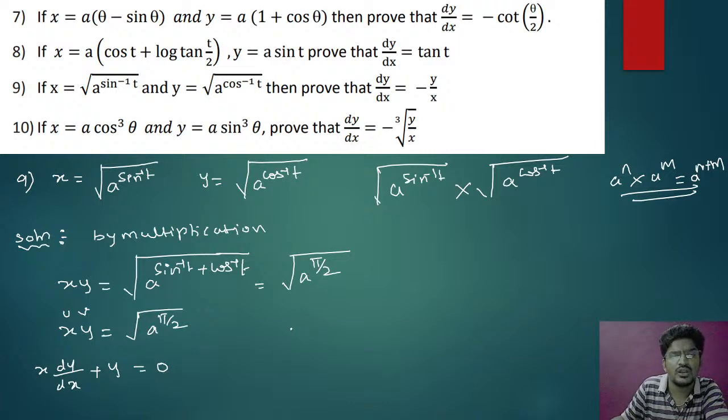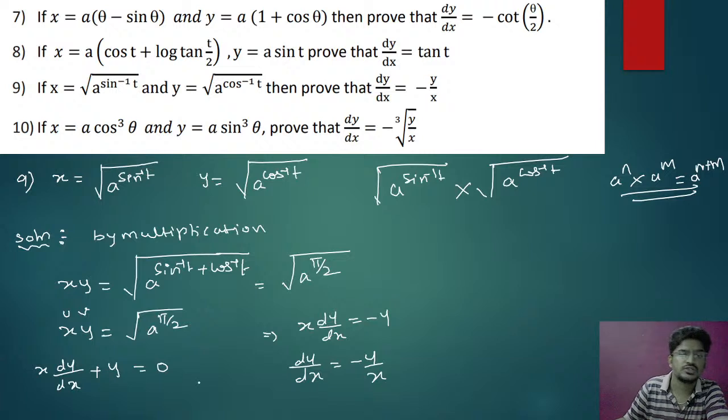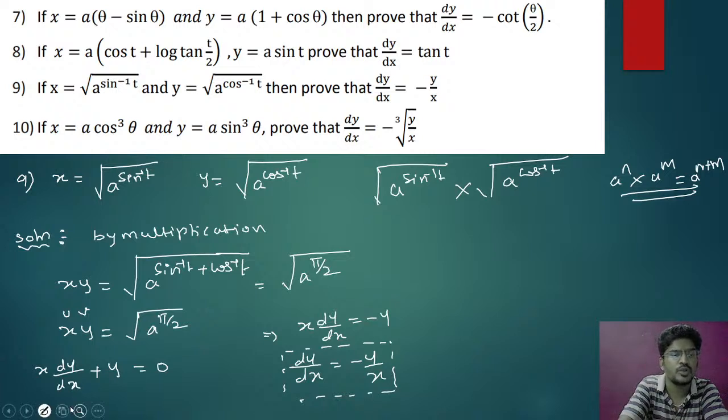So therefore, this implies x into dy by dx equal to minus y, and dy by dx will be equal to minus y by x. That is what you required in ninth problem.